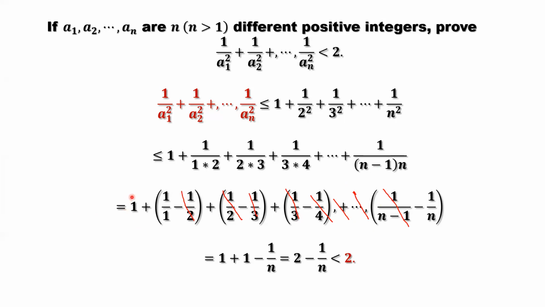We have 1 here, and here I have 1 over 1, another one. And you have the last term, 1 over n, with a minus. 1 plus 1 is 2, minus 1 over n, because n is a positive integer. So this number is less than 2. We have done the proof, because here you can see this is less than or equal, less than or equal, less than or equal, so this implies this is less than 2.